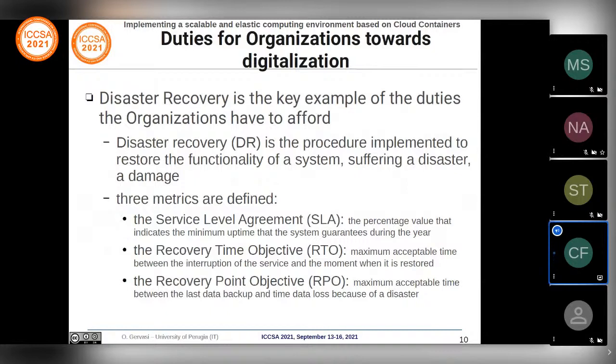The other metric is the recovery time objective, RTO. This is the maximum accepted time between the interruption of the service and the moment the service is restored. So we want a high SLA and a very low RTO. The same goes for the recovery point objective, the RPO, which measures the maximum acceptable time between the last data backup and the time of data loss because of a disaster. So in this case also, we want the minimum possible value.